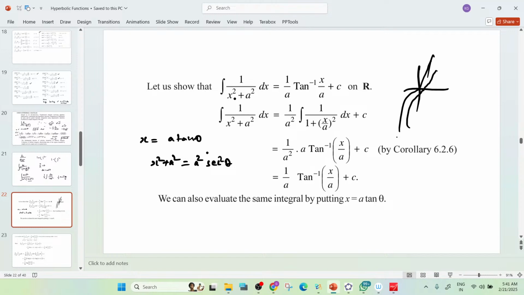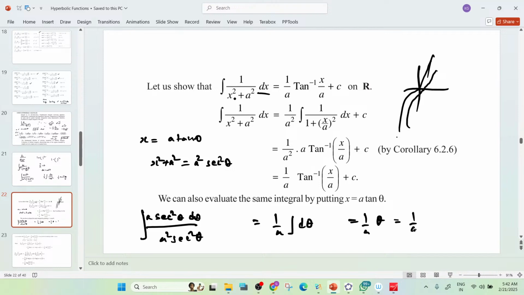What happens to dx? dx is secant squared theta d theta. The denominator is a squared secant squared. If you cancel this, what will it become? 1 by a integral of d theta, which is 1 by a theta. What is theta? Tan inverse x by a.